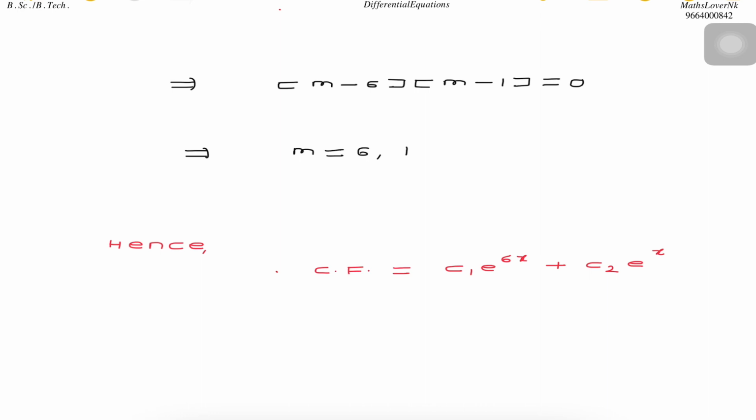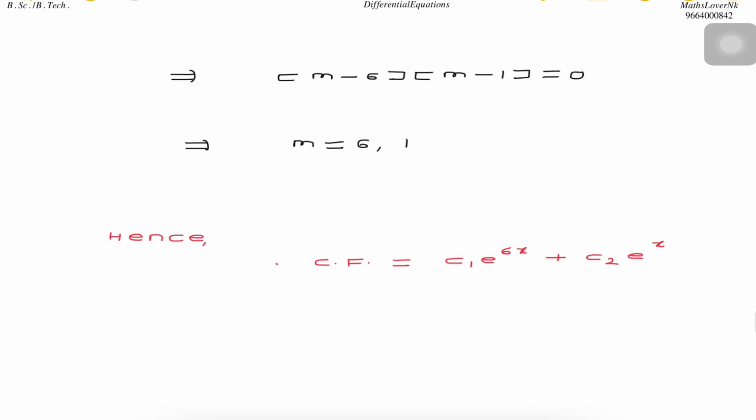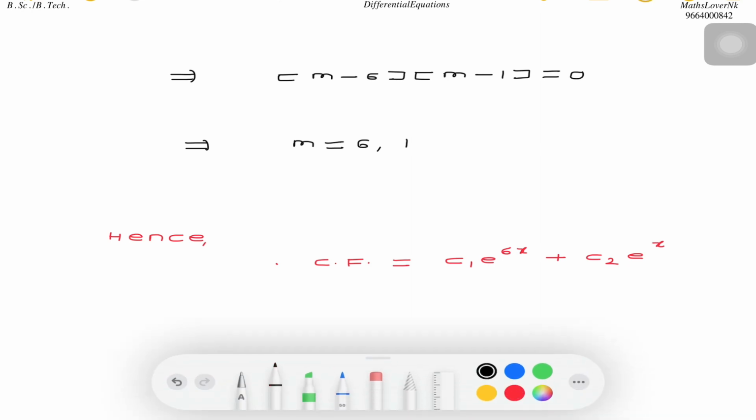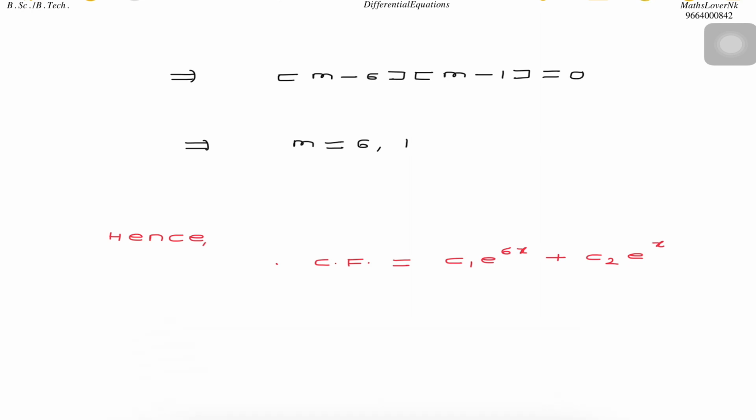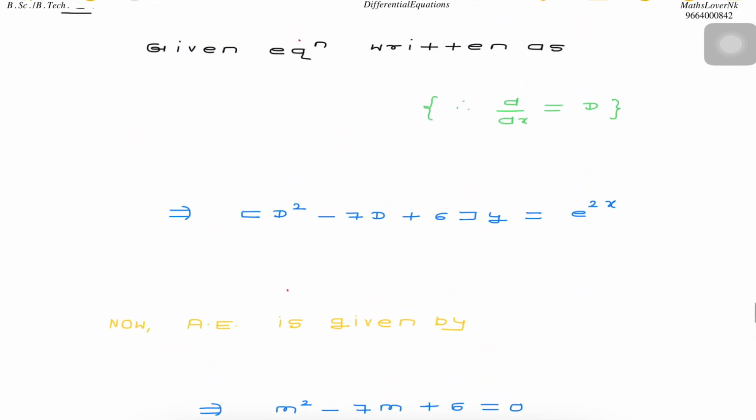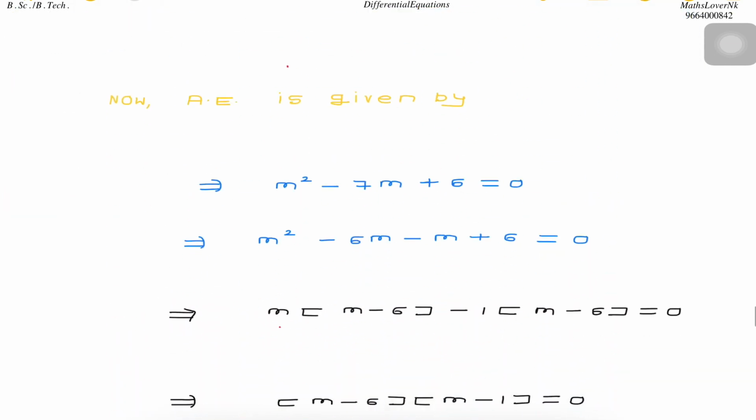Now for PI. We know that for finding the PI, put the RHS part in the numerator, e the power 2x in the numerator, and the expression in D in the denominator.